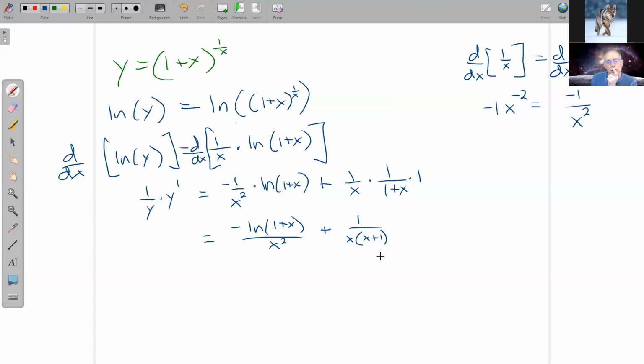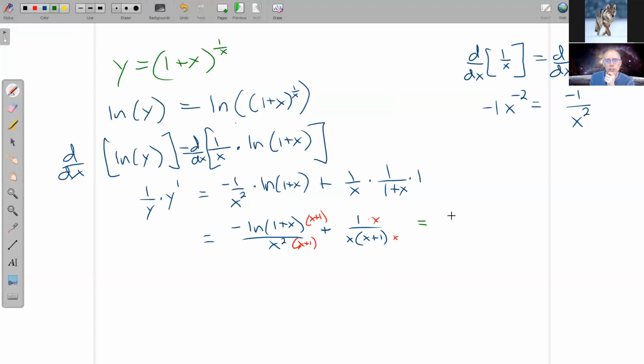I guess we could go for a common denominator by multiplying this by x plus 1 and this by x. I don't know if that makes things any better.